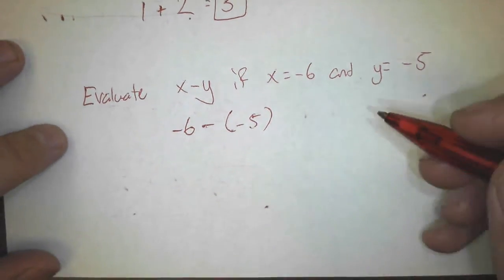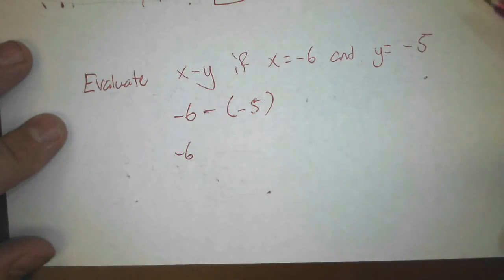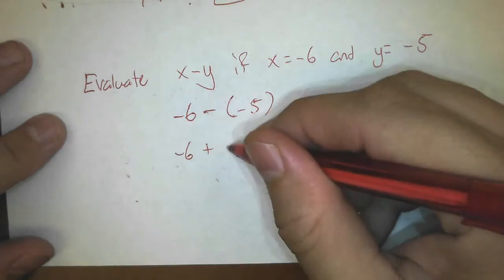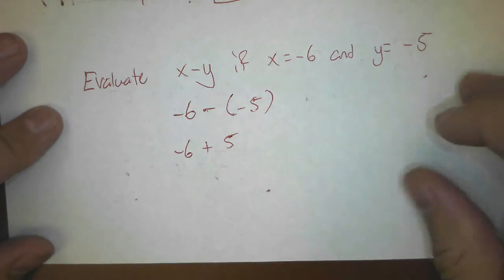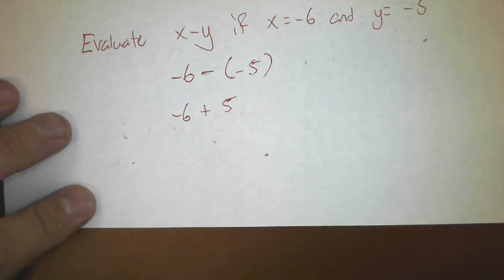So I'm going to use my rule. I'm going to keep negative 6 where it is. I'm going to add, and I'm going to change my sign, positive 5. So I have negative 6 plus 5.